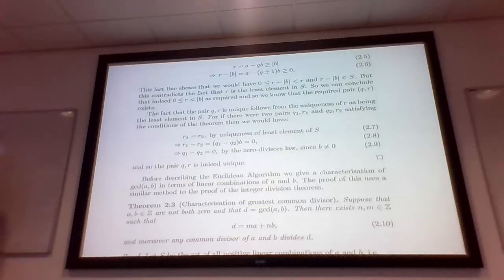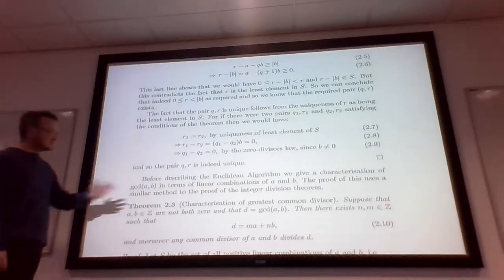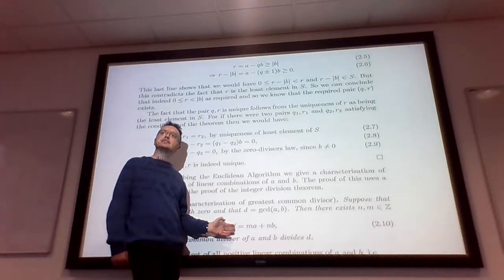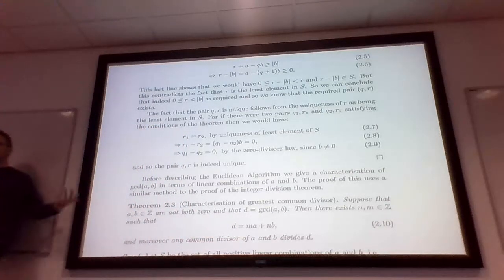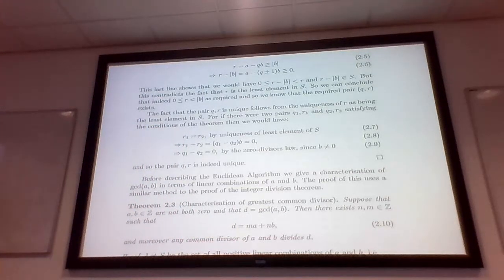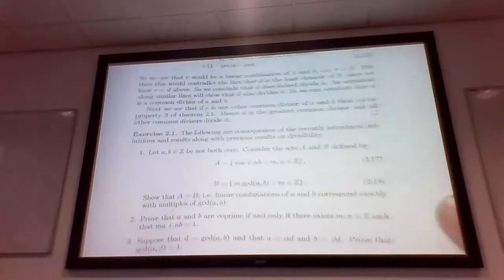Okay? And we can actually extract that from the Euclidean algorithm as well. See, theorem 2.3 just proved that this kind of thing existed. It didn't give you any kind of an algorithm for constructing it from a given pair A and B. But that is present in the Euclidean algorithm.